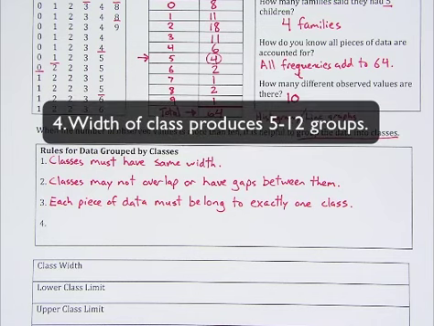And number 4, the width of the class needs to be set up. It's chosen arbitrarily so that the data is grouped anywhere from 5 to 12 groups.